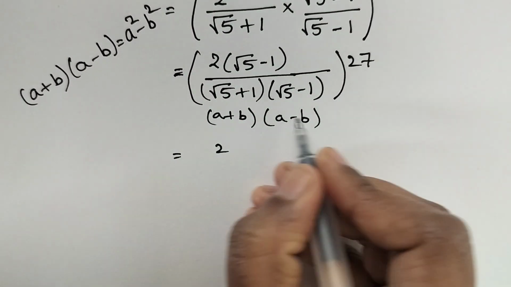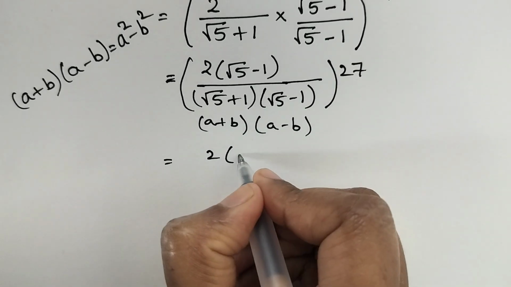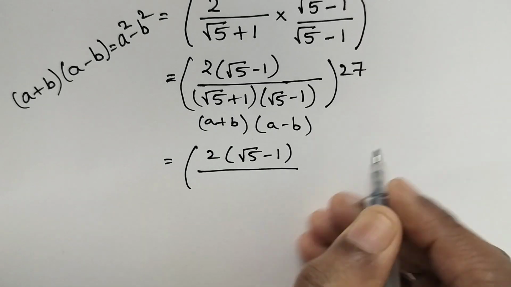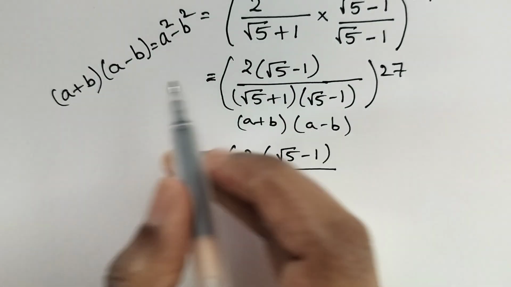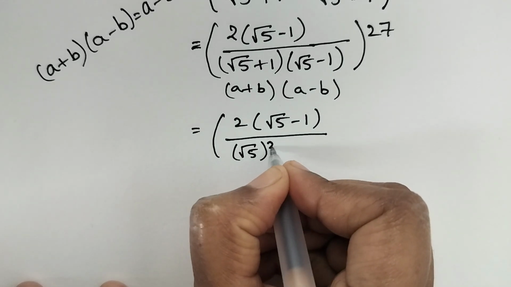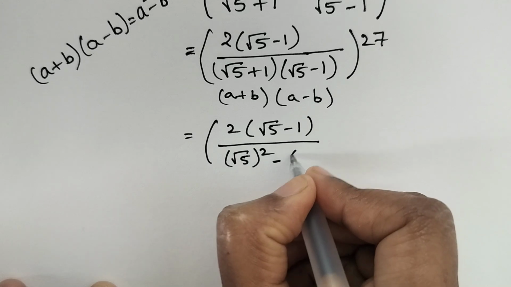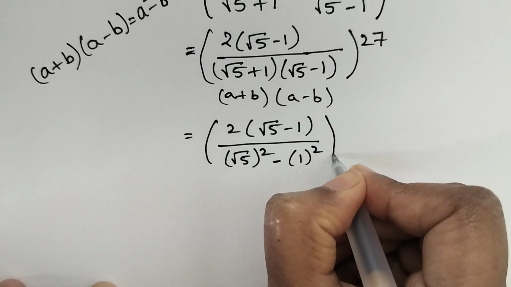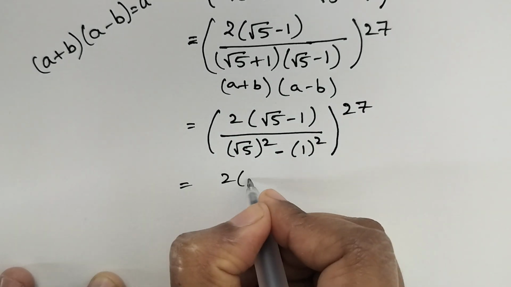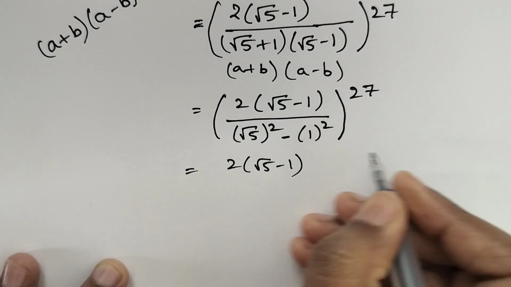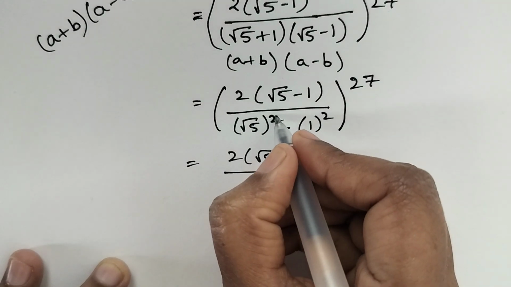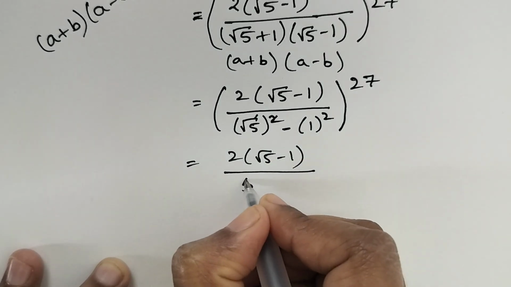Here we can write 2 times the square root of 5 minus 1, divided by the square root of 5 squared minus 1 squared, whole to the power of 27. The square and square root get cancelled, giving 5 minus 1.